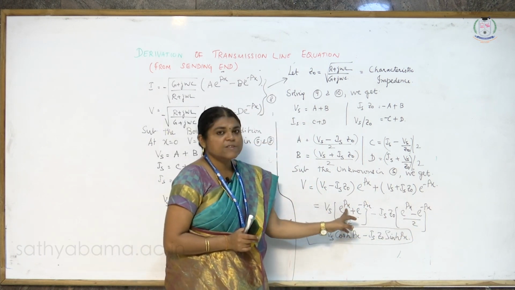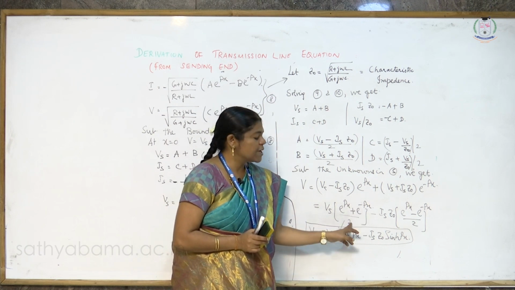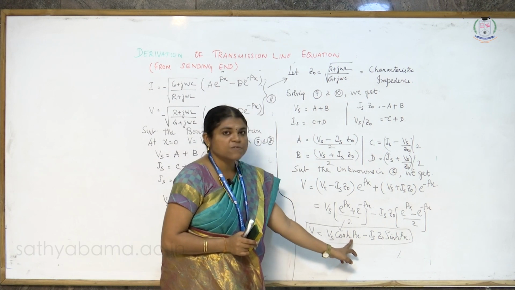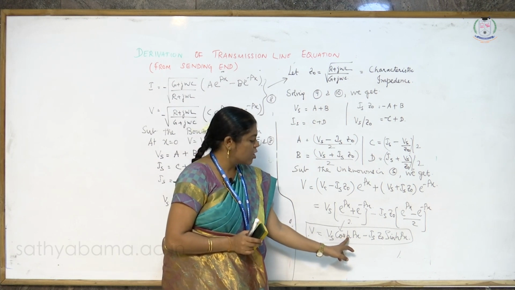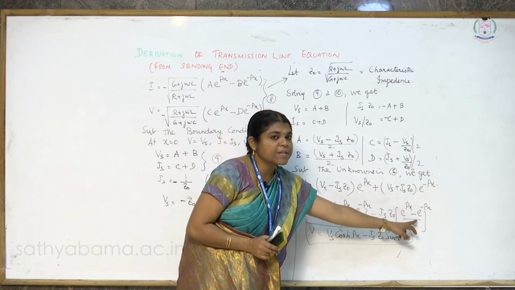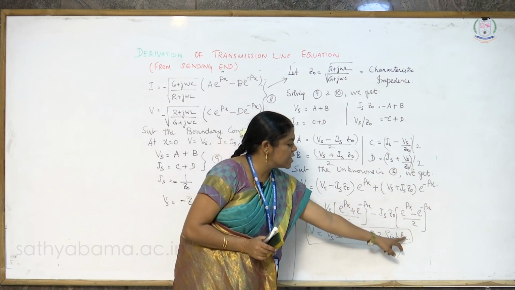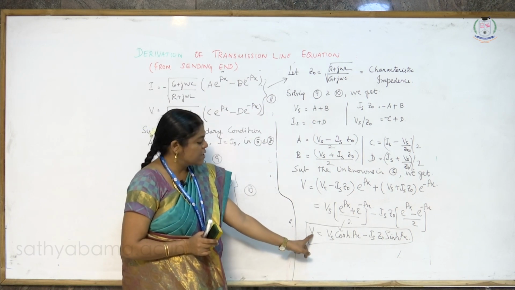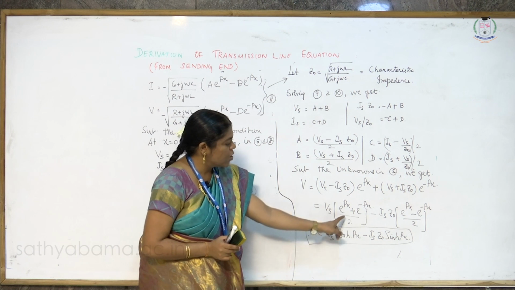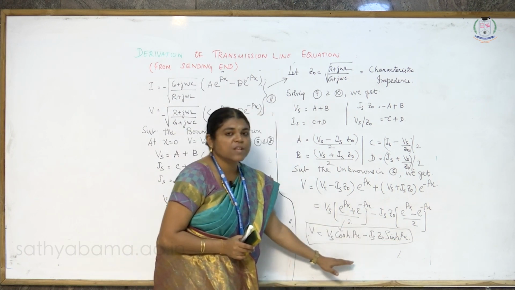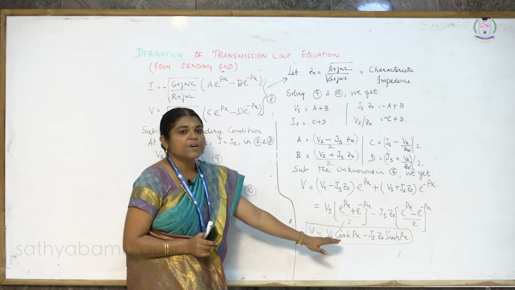Actually, e power px plus e power minus px by 2 is nothing but the hyperbolic cos function, so I have written it as cos h px. Similarly, e power px minus e power minus px by 2 is nothing but sin h px. So the final equation we have got is V equal to Vs cos h px minus Is z naught sin h px, which is the equation of a transmission line.